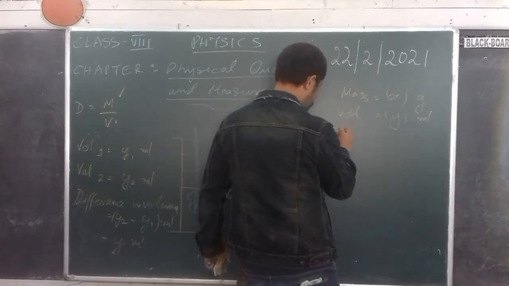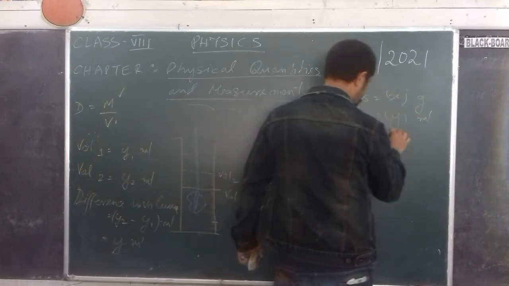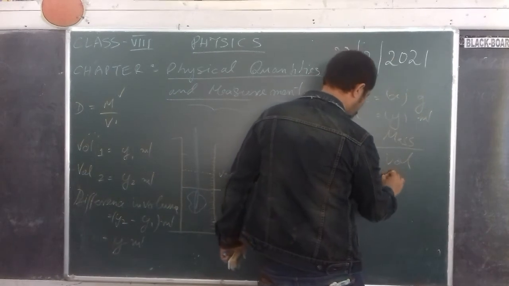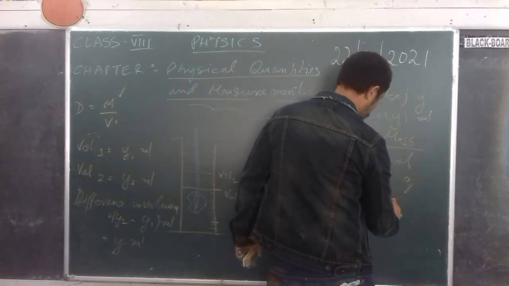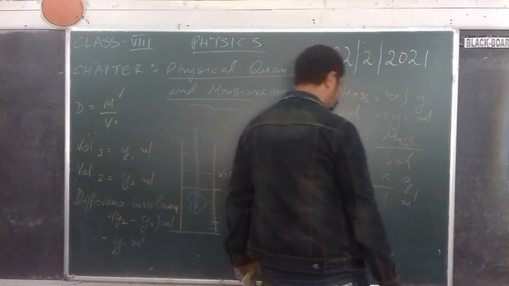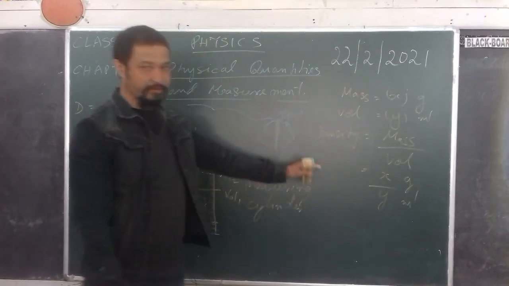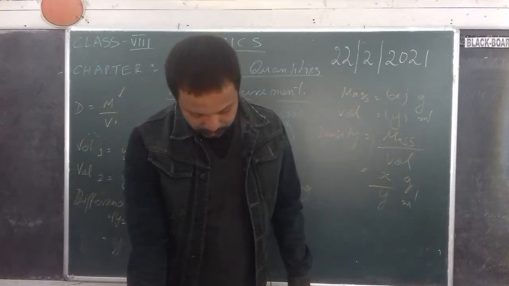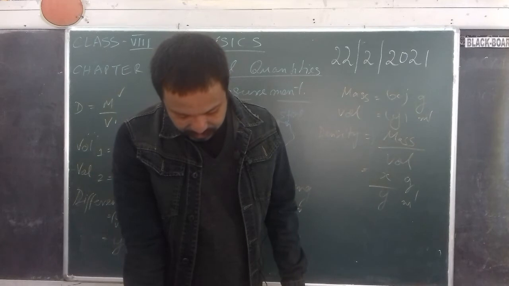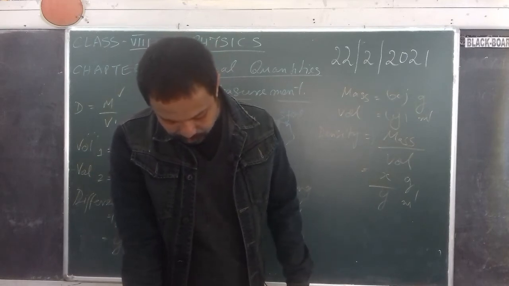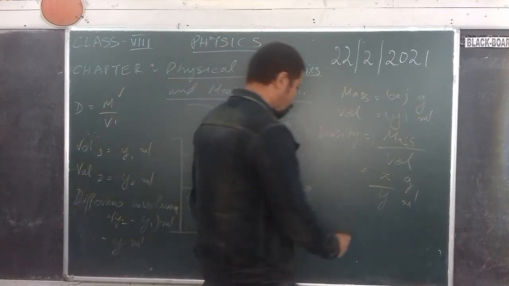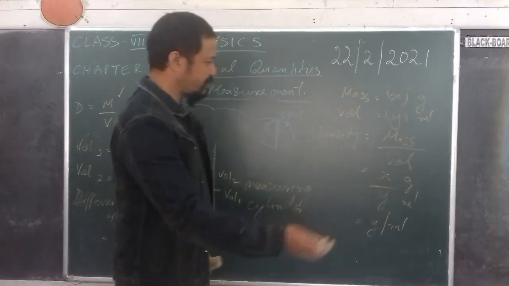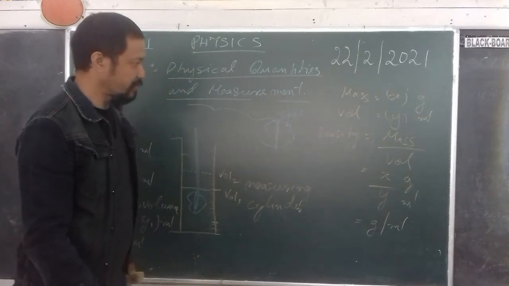So density is mass upon volume, mass is X grams, volume is Y milliliter. By putting in the numbers, you can just solve it. The unit is not given here, but the unit will obviously be gram per milliliter, or kilogram per liter, depending upon CGS unit or SI unit.